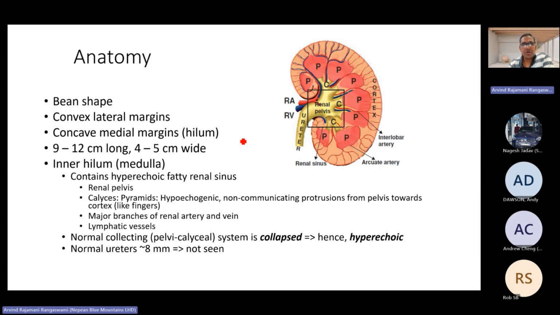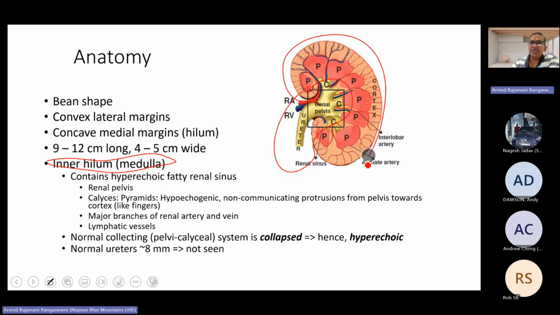It's an organ that is actually not very difficult to find, even though it's quite hidden posteriorly. It's a bean-shaped structure, and you have two big parts. You have the inner hilum, and you have the outer cortex.